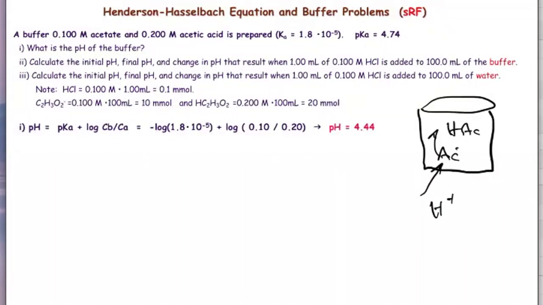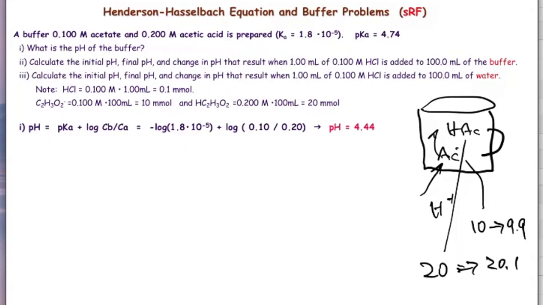And so this 10 will become 9.9. This 20 will become 20.1. So what we have now is common ions in the solution.